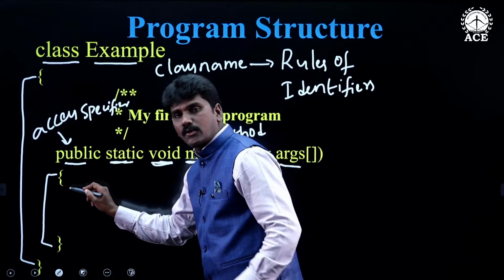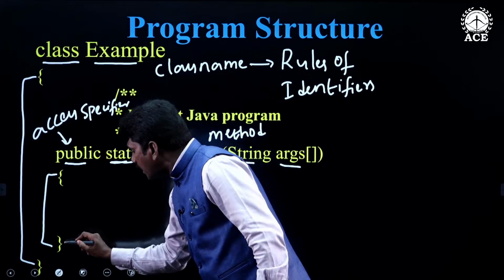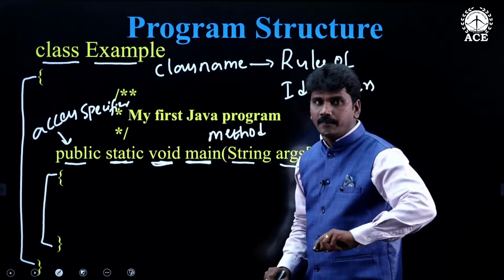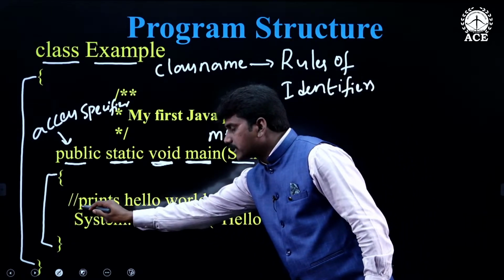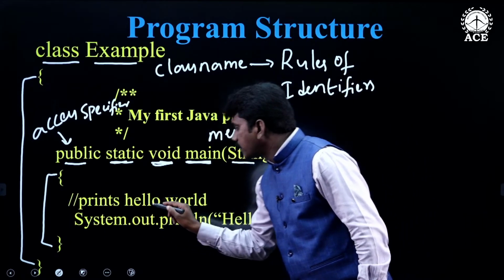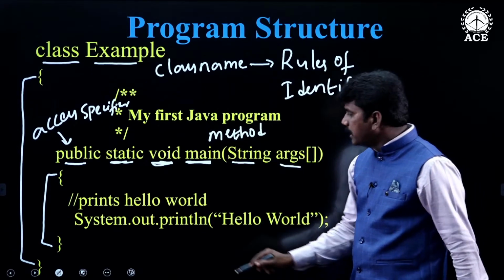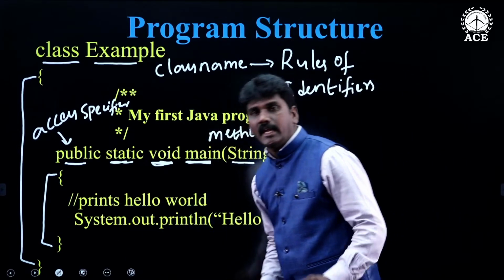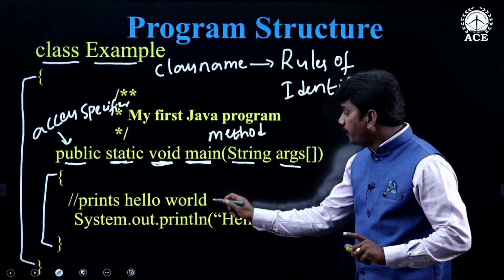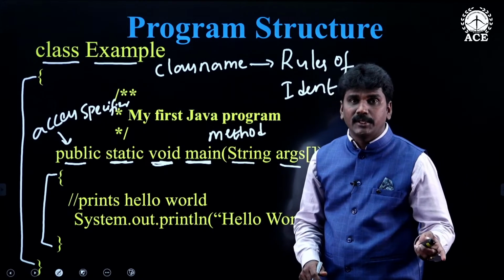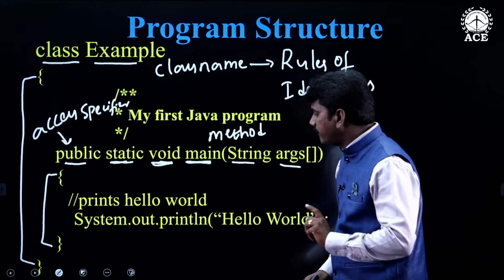The main method's scope starts with the opening brace and is closed with the closing brace. And then it contains one statement as the first one, double slash prints hello world. Whenever we keep the double slash, it is a comment. If it is a comment, it cannot be executed by the JVM.